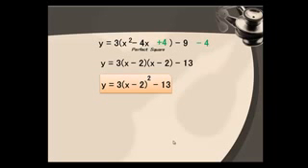Finally, we have y is equal to 3 times the square of the quantity x minus 2 minus 13. Let us identify the value of a, which is 3, the value of h, which is positive 2, and the value of k, which is negative 13.